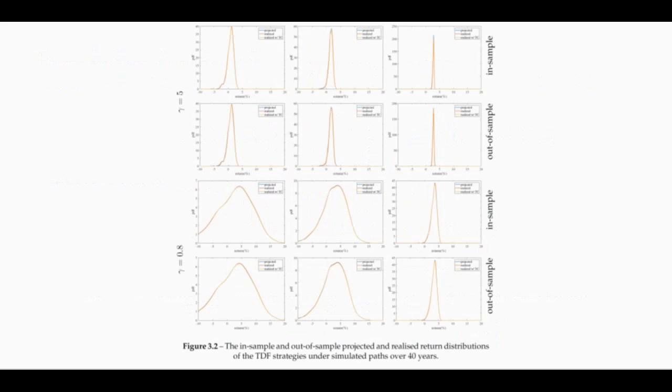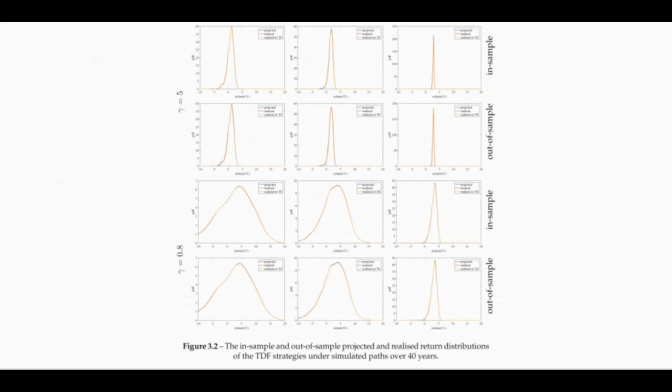So we consider two different investors with different risk aversion coefficients, one with risk aversion 5, the other with risk aversion 0.8. So the first investor is highly risk averse, and the second is not risk averse, is more risk seeking than a logarithm investor.